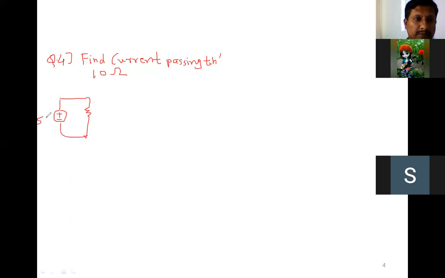So this I have given as a 50 volt. This is 40 ohm. This is 50 ohm. Next here, it is a 20 ohm, and this is the 10 volt.